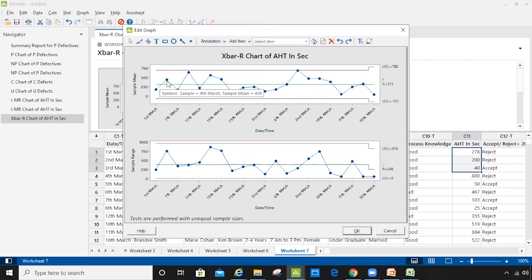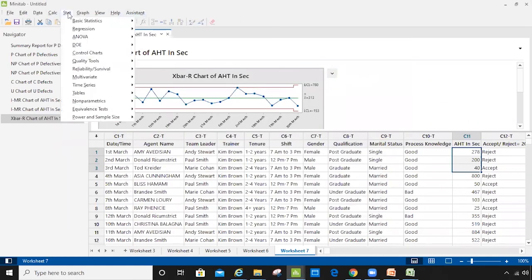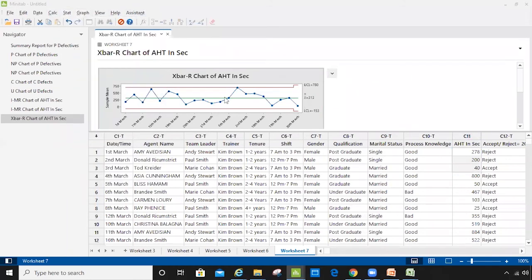So X bar R has considered the first 3 data points together. If I talk about the sample range, it has taken the range between the first and the second or third data points. That's how the X bar R chart looks.